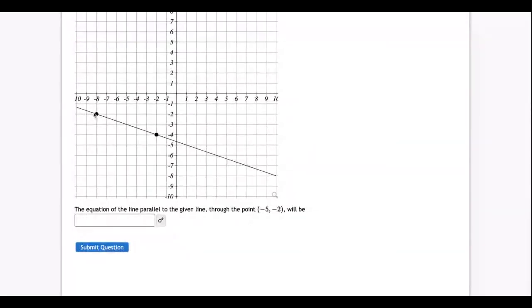The line is given, and passes through this point, -5, -2, and we want the equation of the line parallel to the given line through this point. We can find the slope of this line using those 2 points. Then use that slope, because parallel lines have the same slope, use this point, and apply the slope point formula.